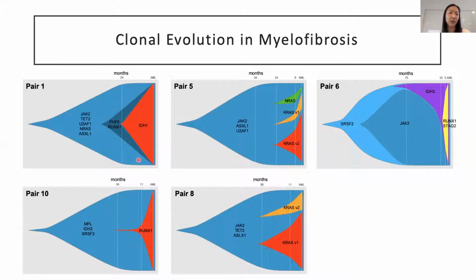So we have shown that in pair 1 and pair 10, we see a linear clonal evolution. We can also see branching evolution as evidenced by pair 5 and pair 8. And in 2 samples, we saw clonal evolution where the blast phase clone was derived from a distinct clone, distinct from the MPN clone.